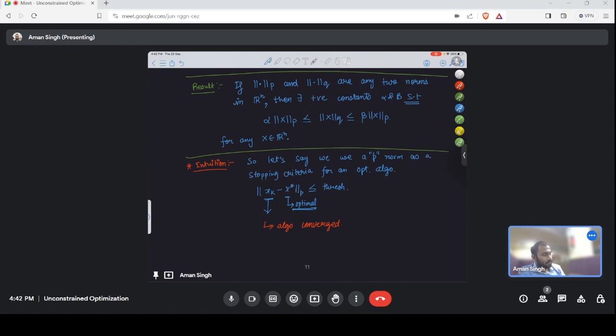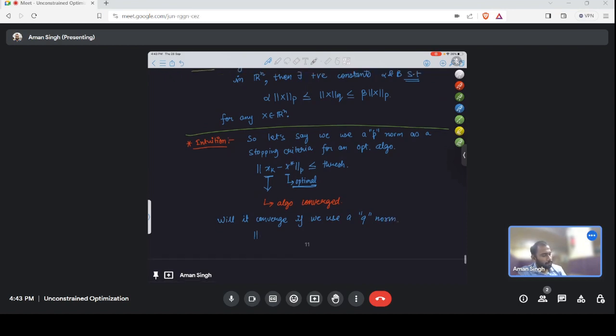Can we say, will it converge if we use the q norm instead, with less than some other threshold related to q?